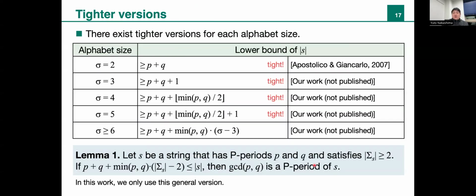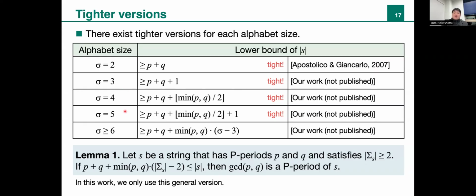This may be off topic for our research, but I will explain our ongoing result for the parameterized periodicity lemma. As I stated before, for the binary case this bound is tight, and we have a tighter version of the parameterized periodicity lemma for several cases, like this table shows.